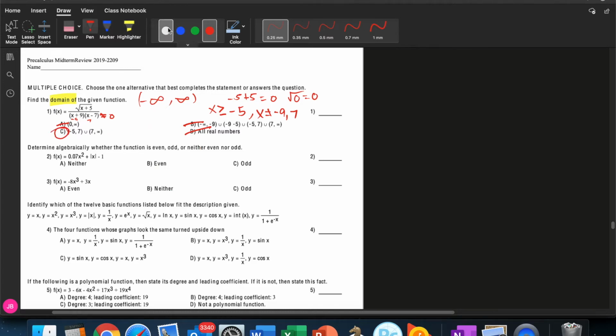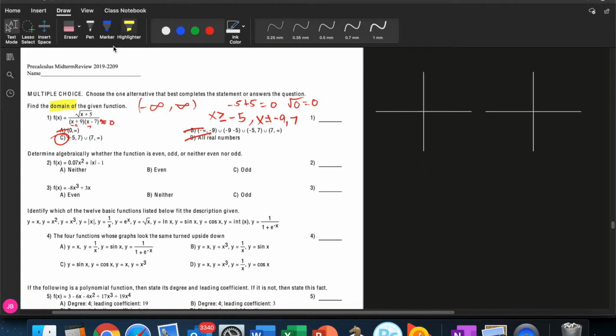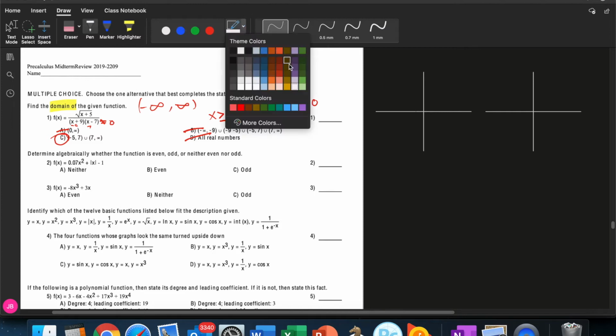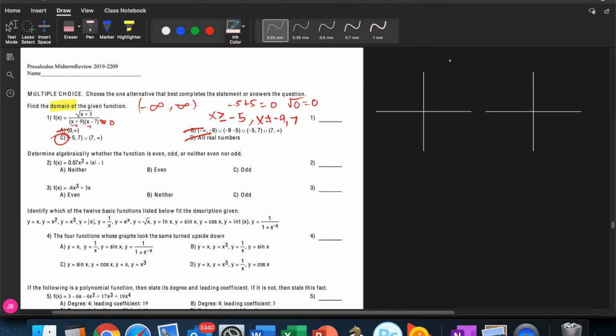Moving on, we have this next equation. This next question is asking us the difference between an odd function and an even function. So first of all, let's go ahead and remember what those mean. We're going to start off with even. An even function is going to be something like y is equal to x squared, which is symmetrical by the y-axis.